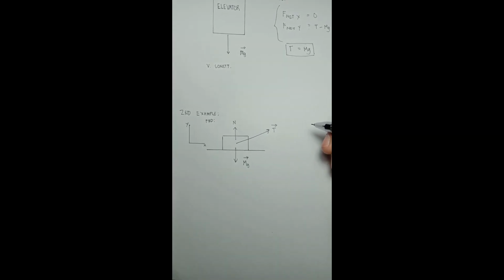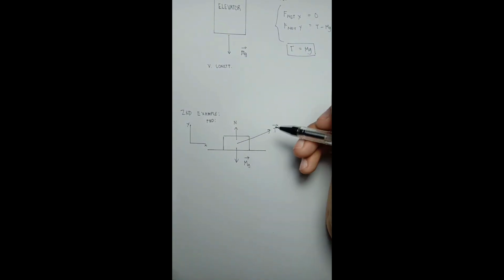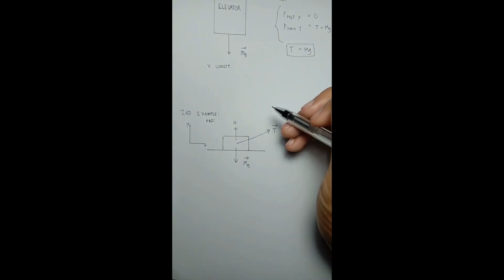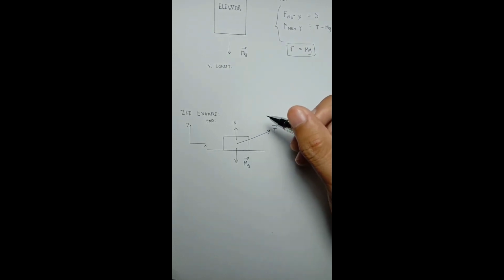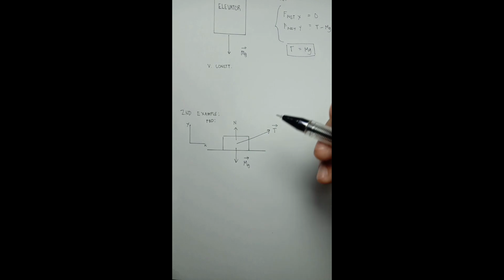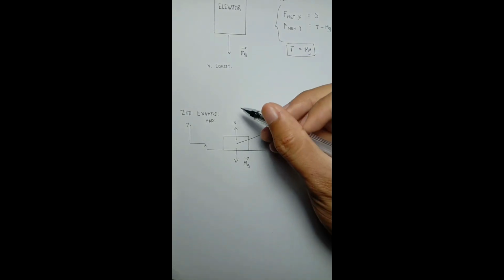So example 2. This is the free body diagram, a box. I put a coordinate system. We have placed a box with a mass, therefore weight mg, on the floor. Which means if there's mg, there's a normal force.